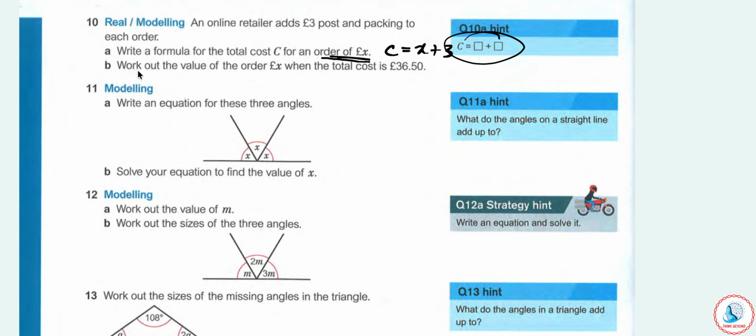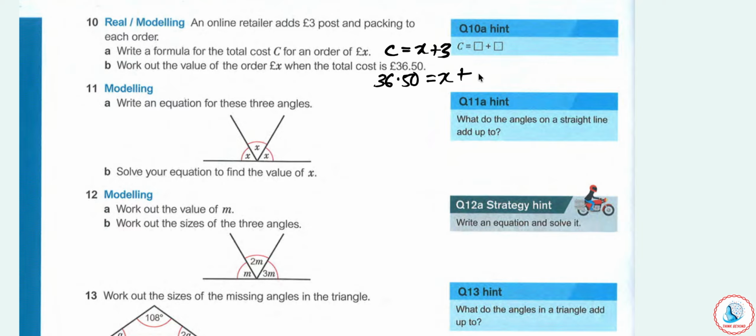Now question B, work out the value of the order €X when the total cost is 36.50. You got the expression, which is C is equal to X plus 3. Just put the value here. The cost is 36.50 and the value of X is unknown.